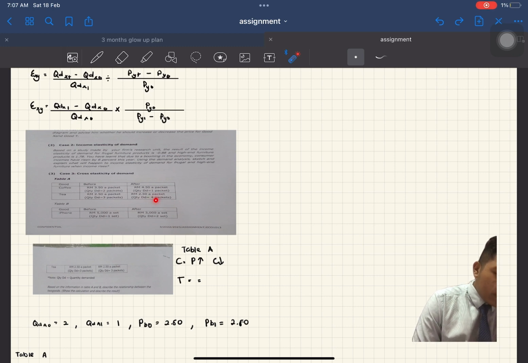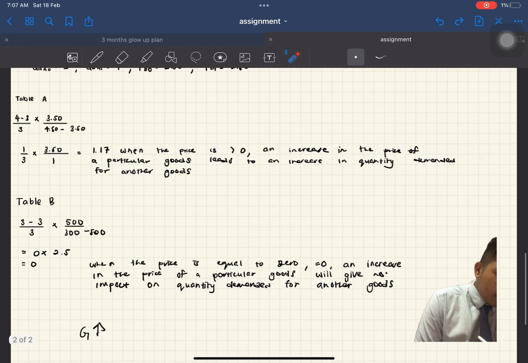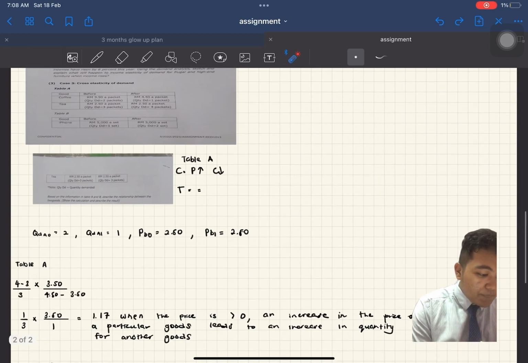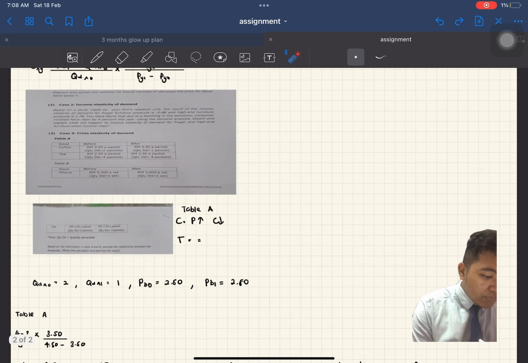So we move on to the question, table B, same as table A, but the answer is 0. When the value is equal to 0, an increase in the price of a particular good will give no impact on quantity demanded for another good.